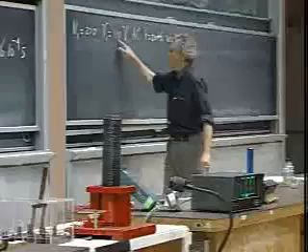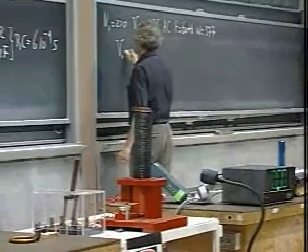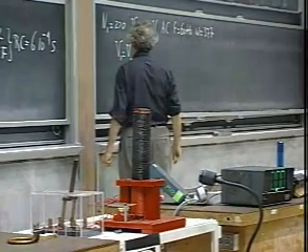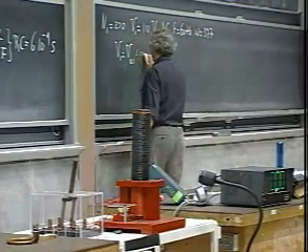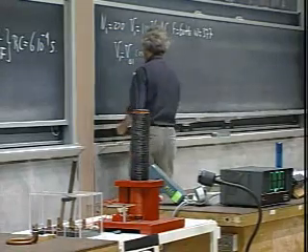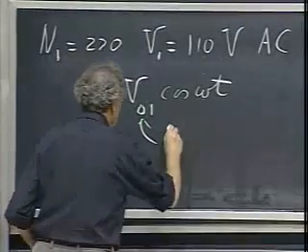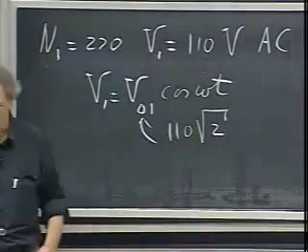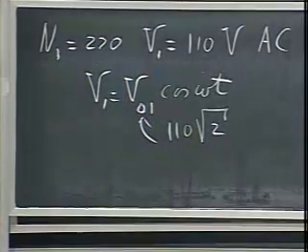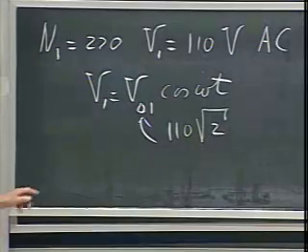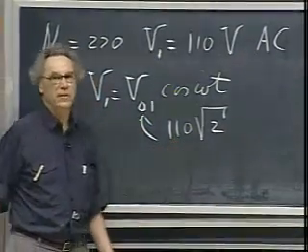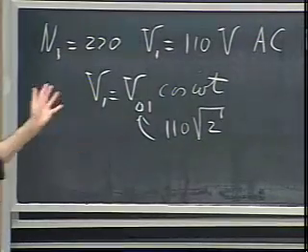If I give you really the correct value for V1, it's really the maximum value, V1 times the cosine of omega t, and this value is really 110 times the square root of 2. I've mentioned that earlier in my lectures. The voltmeters, however, are designed in such a way that they only show you 110. And so we call that 110 volts.